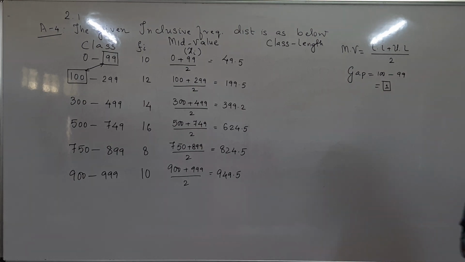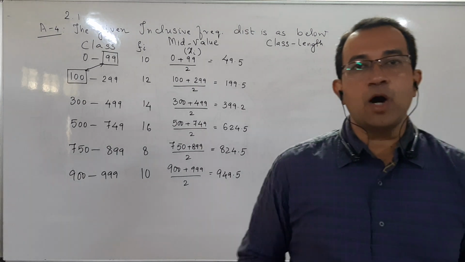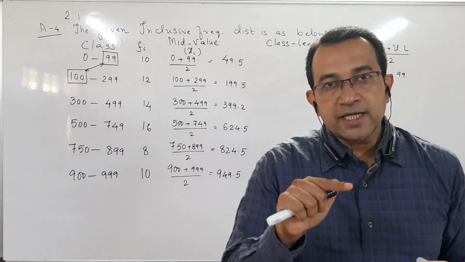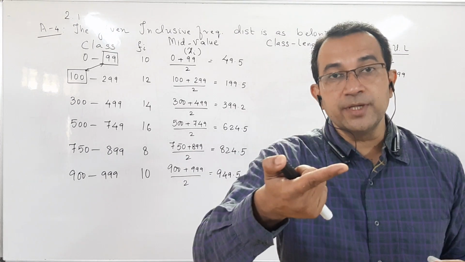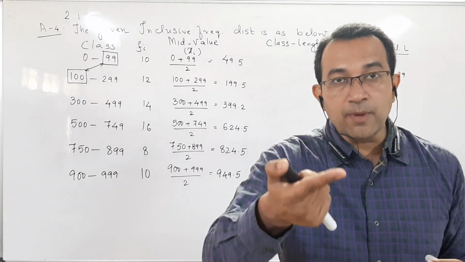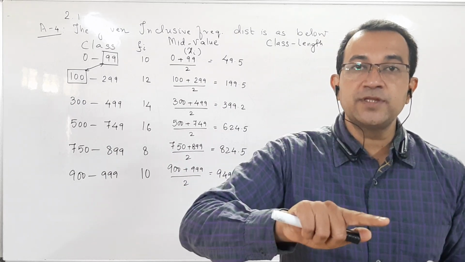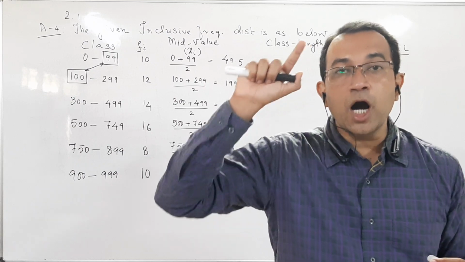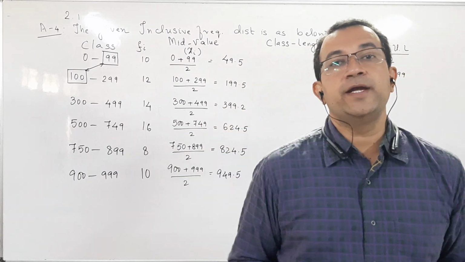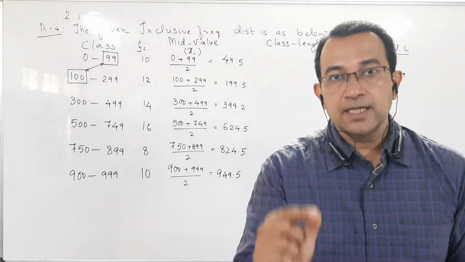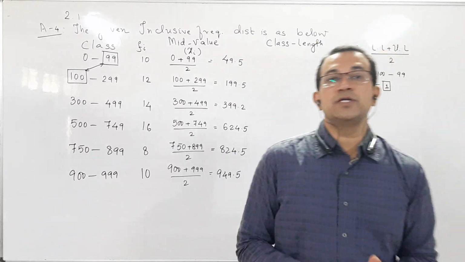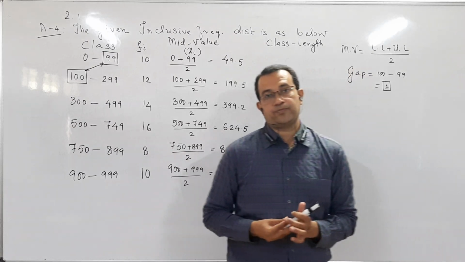So the shortcut for boundary points: half the gap we subtract from lower limit to get lower boundary point and half the gap we add to upper limit to find upper boundary point for an inclusive frequency distribution.